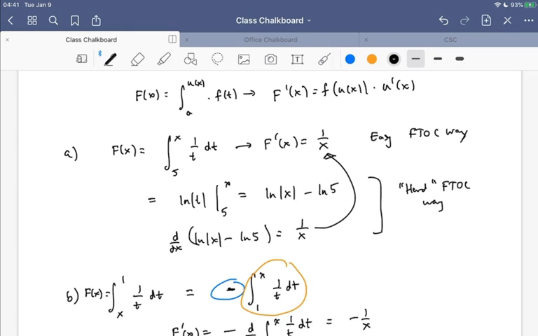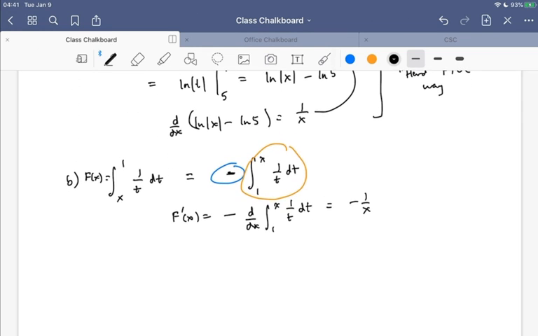It sort of disappears from this whole thing. So in this current problem, we had the integral from x to 1. It could have been the integral from x to a billion, and the derivative of it would still be this negative 1 over x. The value of that constant actually doesn't matter because we're taking a derivative, basically.